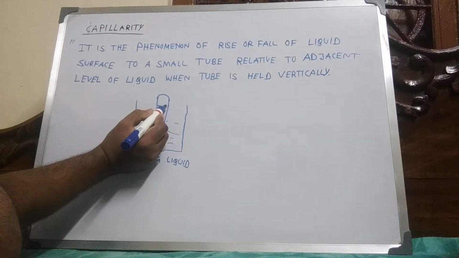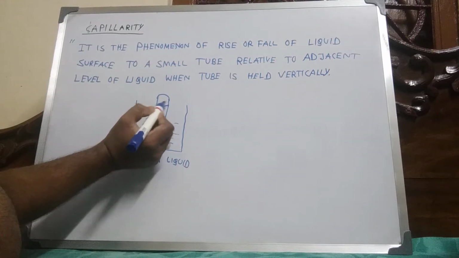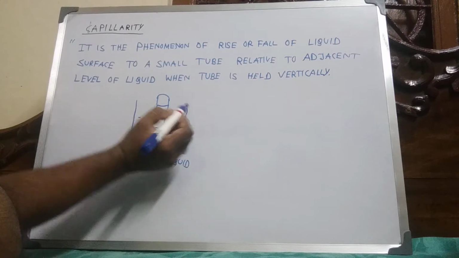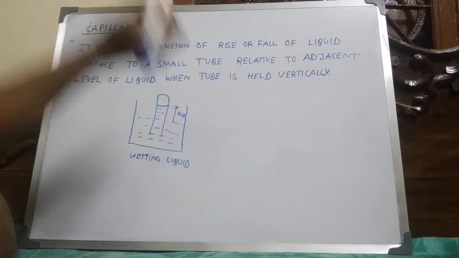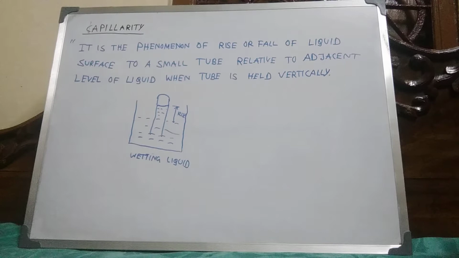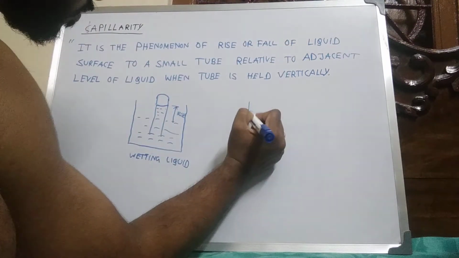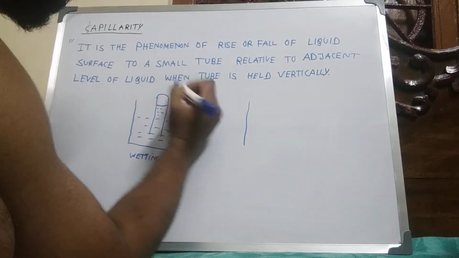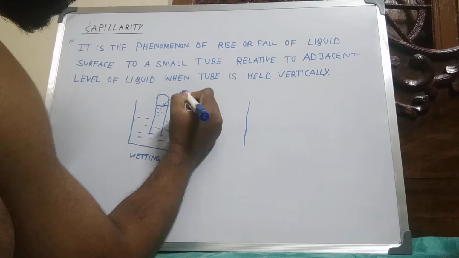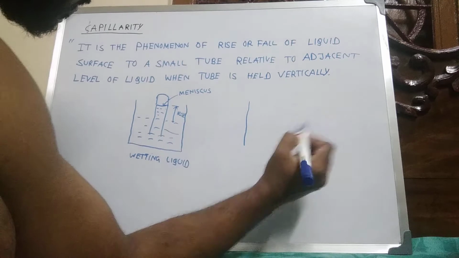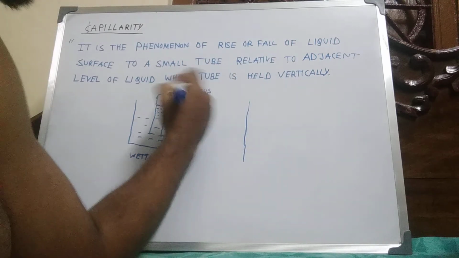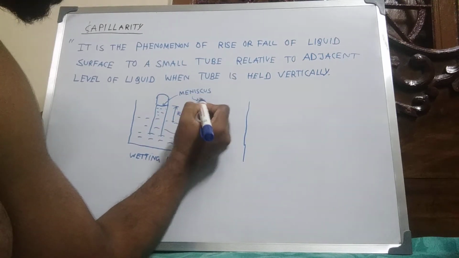This is the rise, the capillary rise for a wetting liquid. This is called the meniscus, and this meniscus shape is concave.